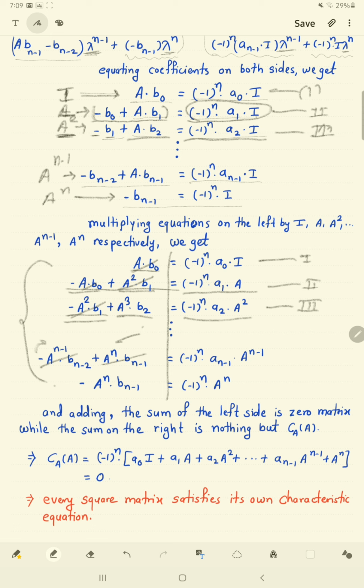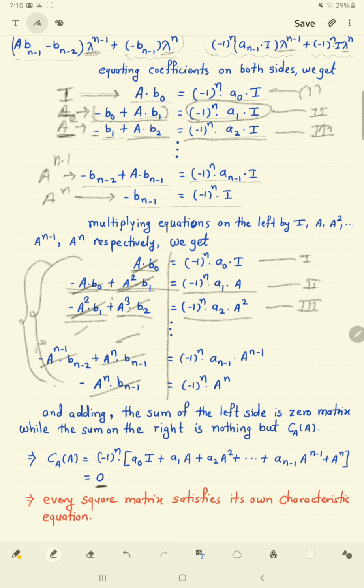A raised to n b n minus 1 and minus A raised to n b n minus 1 also get cancelled. So on the left side I will get 0. So the sum of all these terms is 0, because A b naught and minus A b naught cancel. Similarly if we do addition, all terms get cancelled.